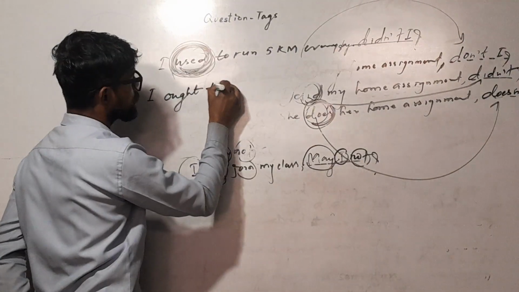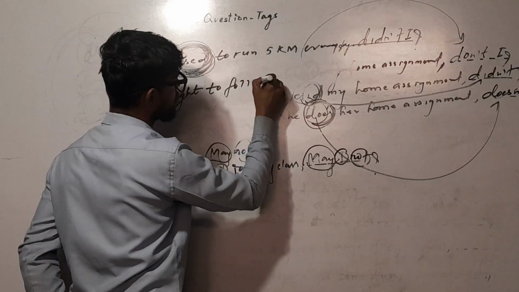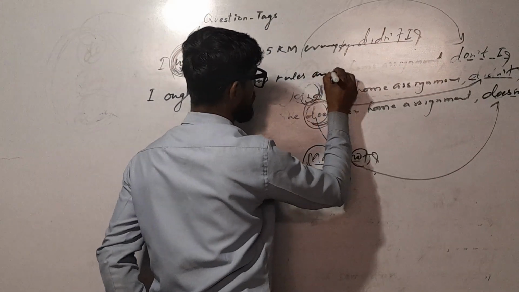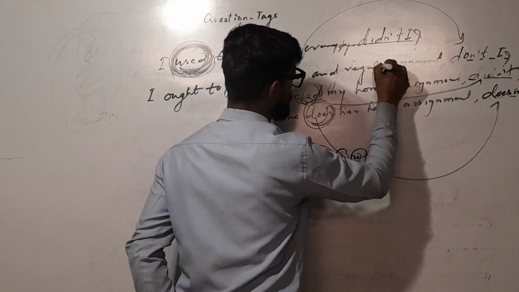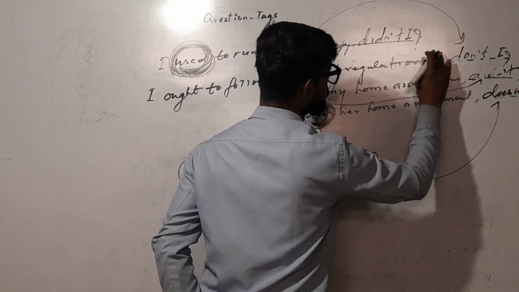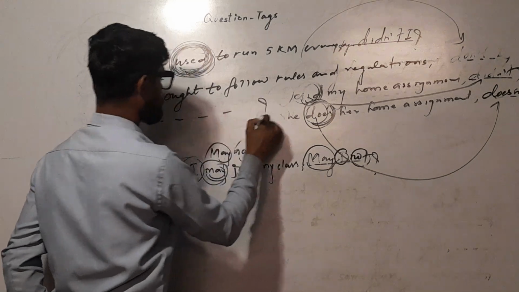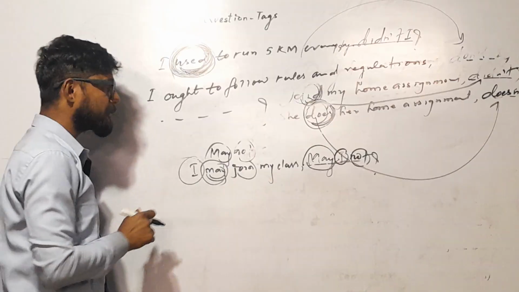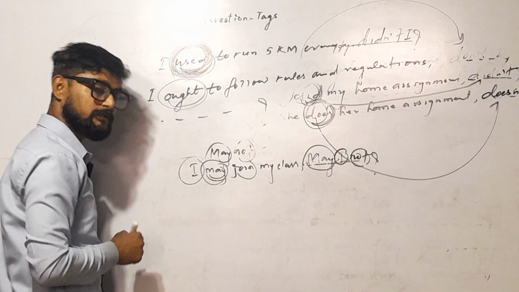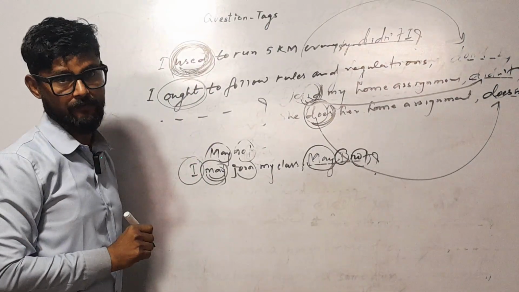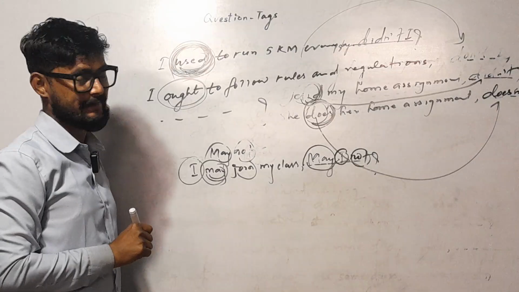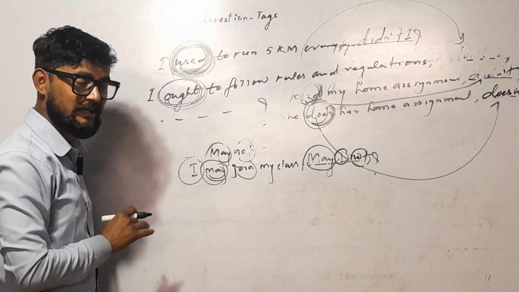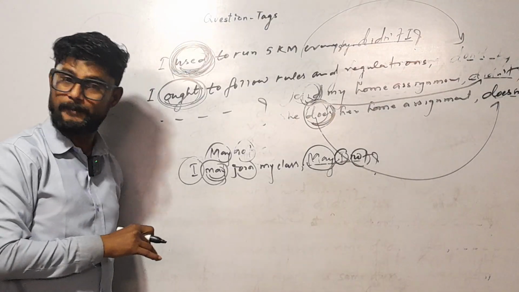I ought to follow rules and regulations. What is this? Yes, this is an auxiliary verb, a helping verb, a semi-modal verb. So here it works as an auxiliary verb or helping verb.